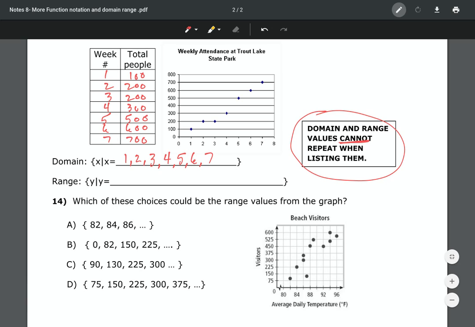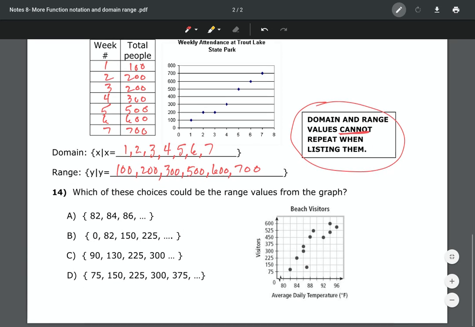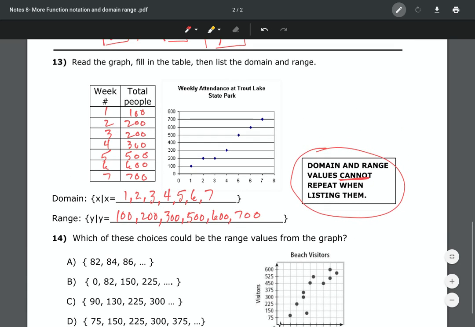But then again, this is in order from least to greatest. So it'll be 100, 200, 300, 500, 600, and 700. So this was the weekly attendance at Trout Lake State Park. So you can see it probably started in the summer and maybe increased over time.